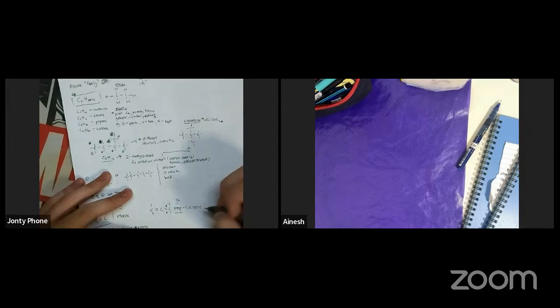No, naming convention very weird. Wait, what's this one? Prop 1, 2, die.